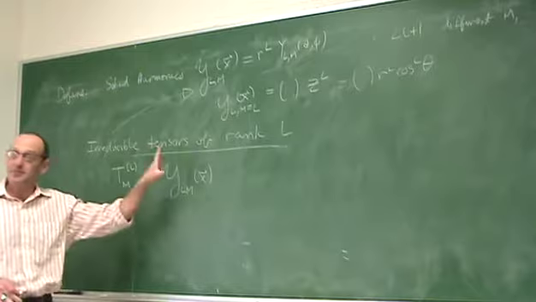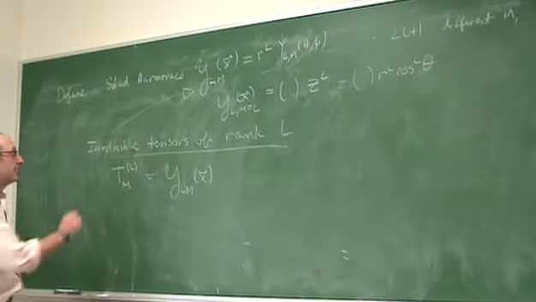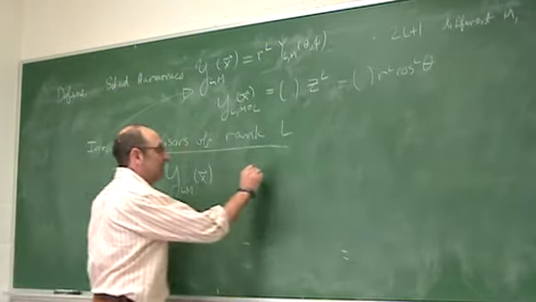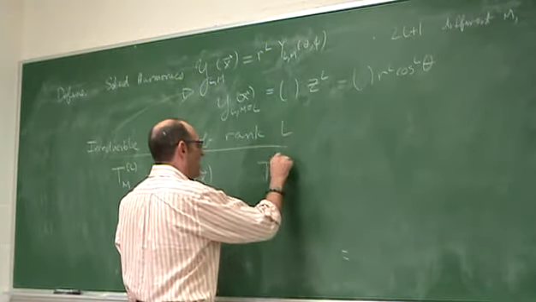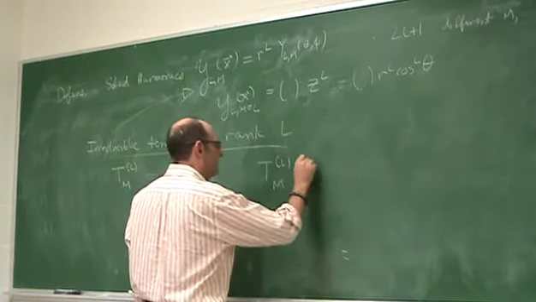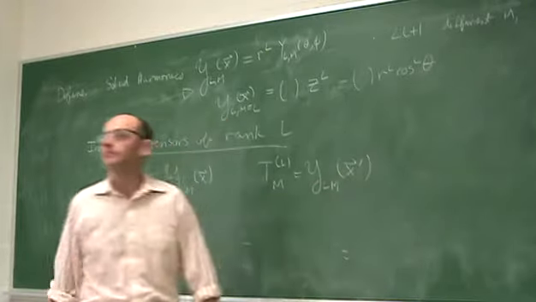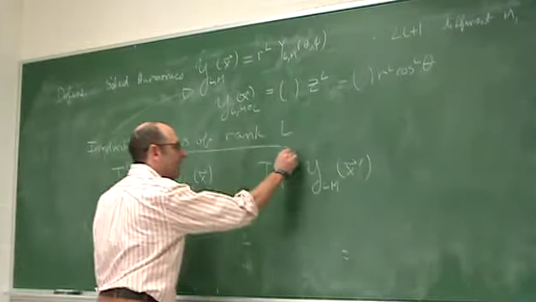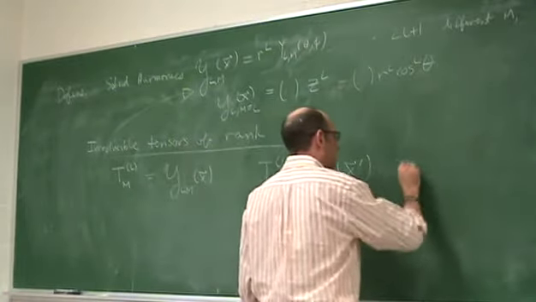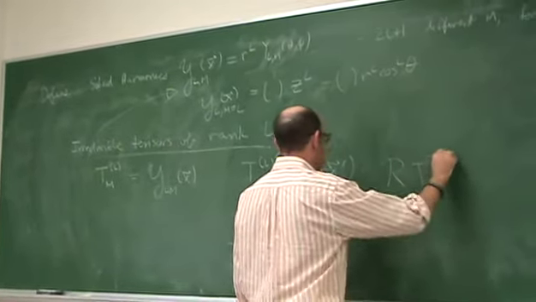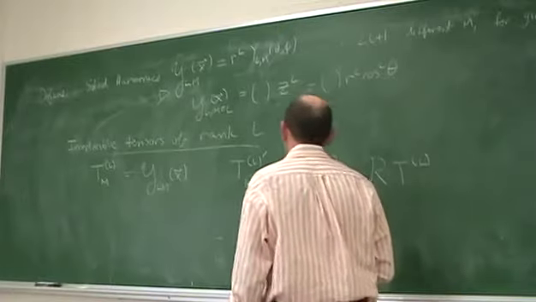But let's define it for position first. Then T'_LM is this polynomial as a function of the rotated vector. That's the rotated version. We rotated this argument.